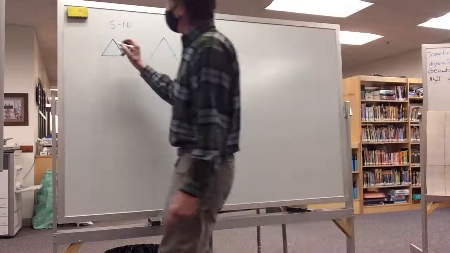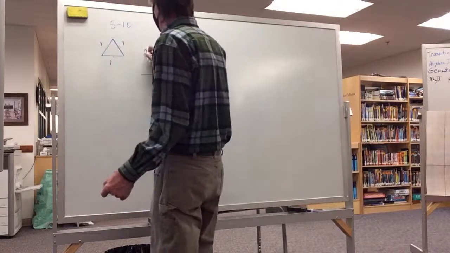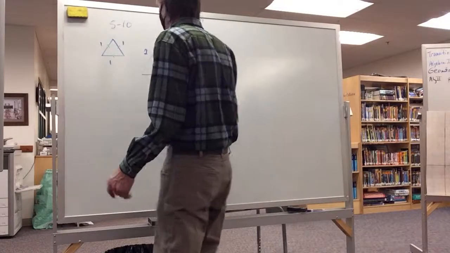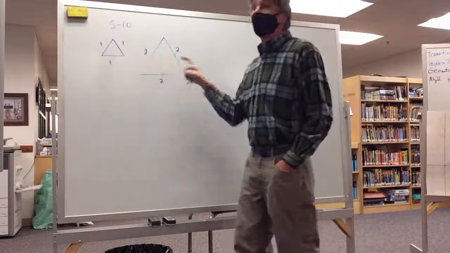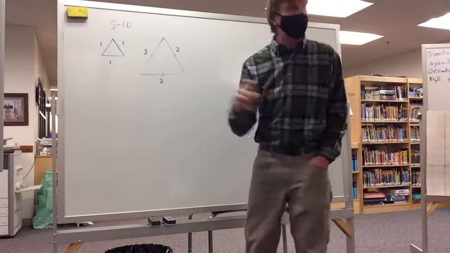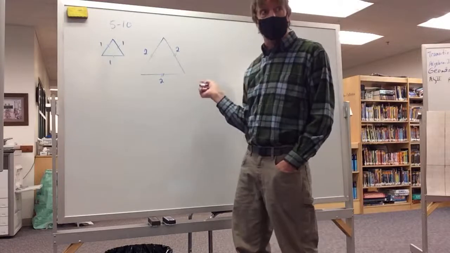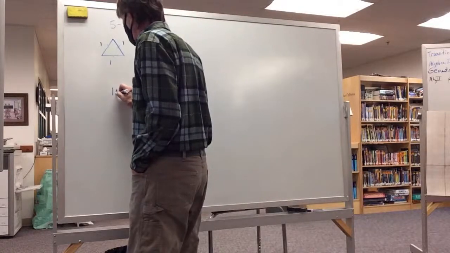So let's say that each of these are a length of 1, and each of these are a length of 2. What's the ratio of the small to the large? 1 to 2. It's a 1 to 2 ratio, small to large.